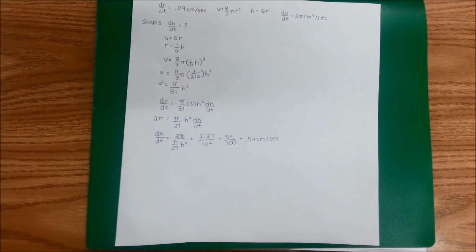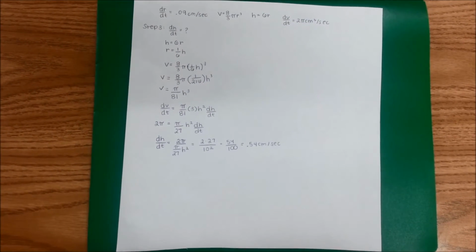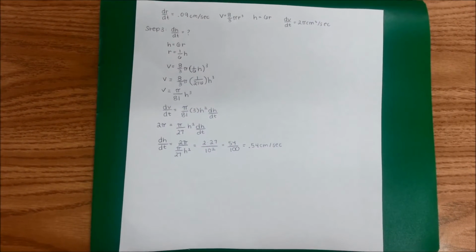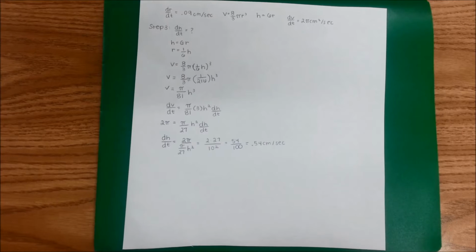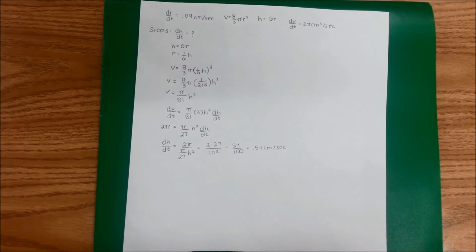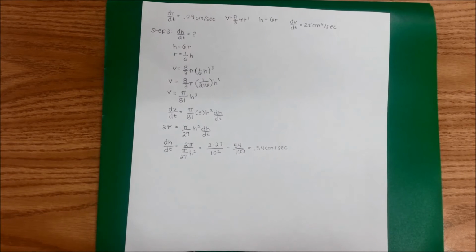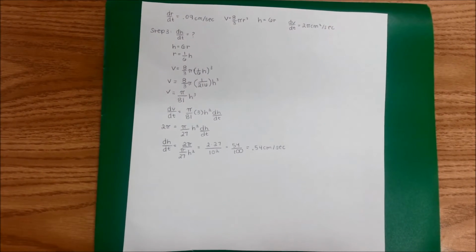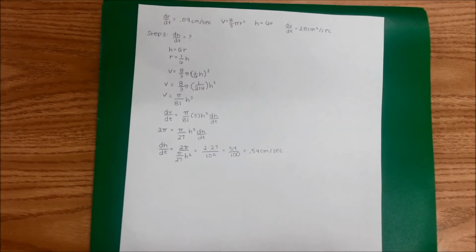Now plug in your value for dV/dt, which is 2 pi, equals pi over 27 h squared dh/dt when simplified. Now dh/dt equals 2 pi over (pi over 27) h squared, which equals 2 times 27 over 10 squared, which equals 54 over 100, which equals 0.54 centimeters per second.